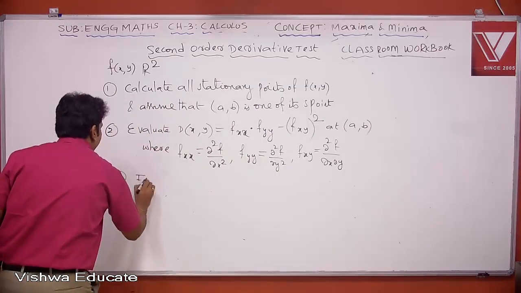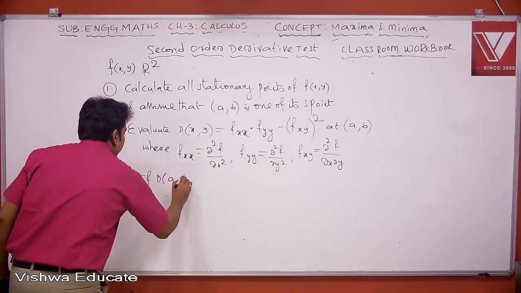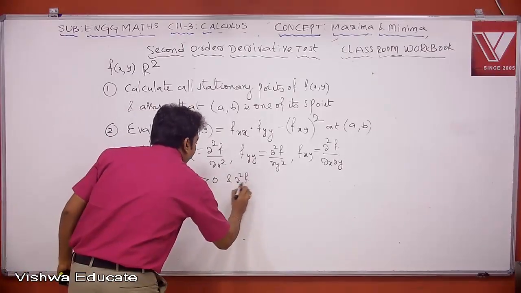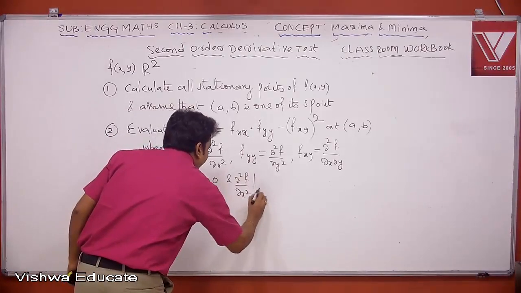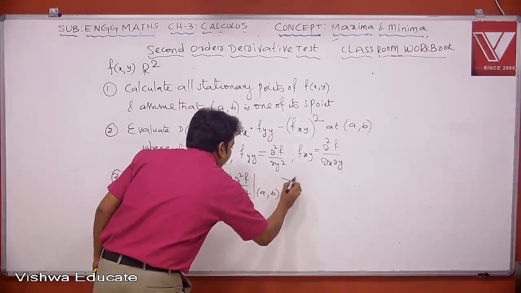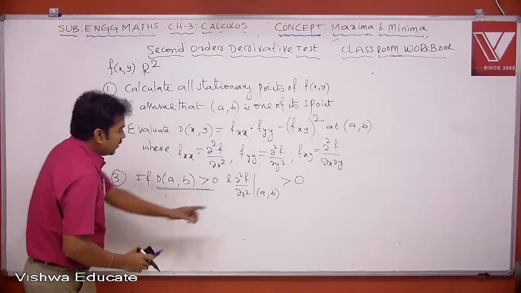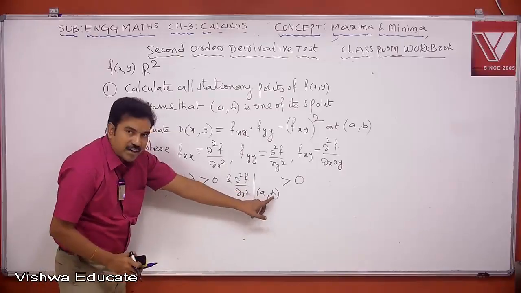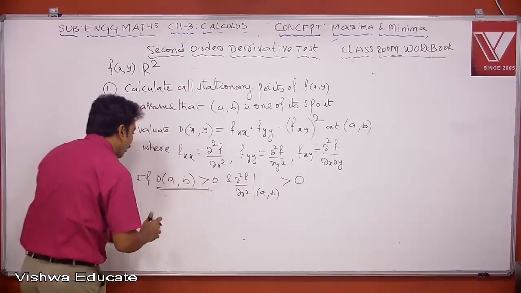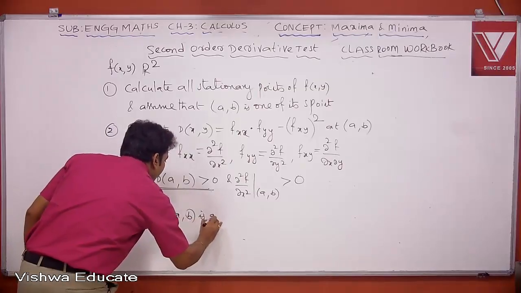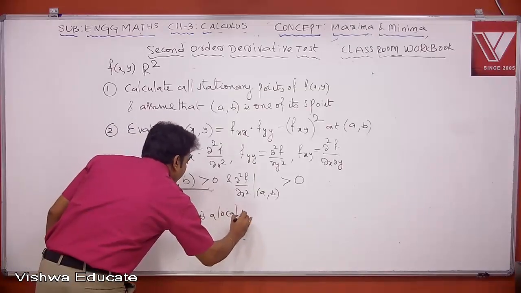Step 3. If d of a comma b is positive and dou square f by dou x square at a comma b is greater than 0, implies a comma b is a local minimum.